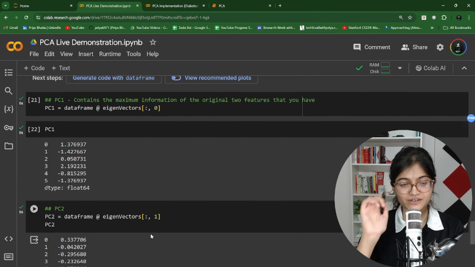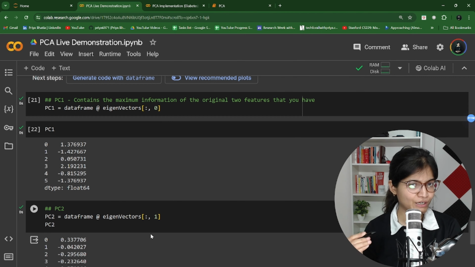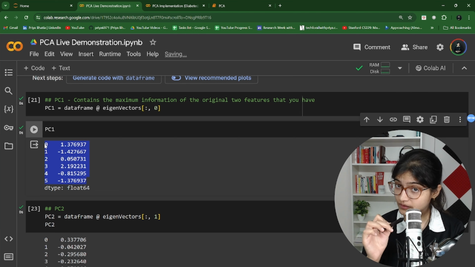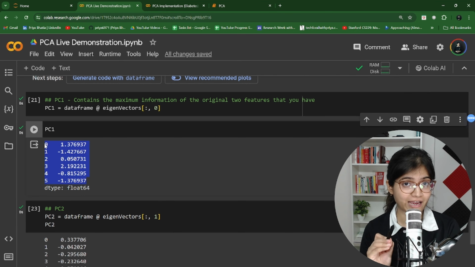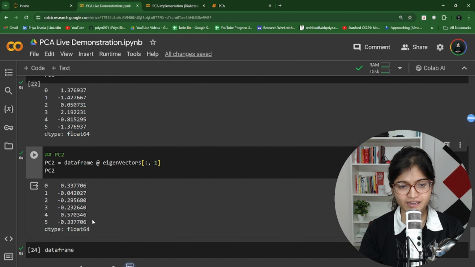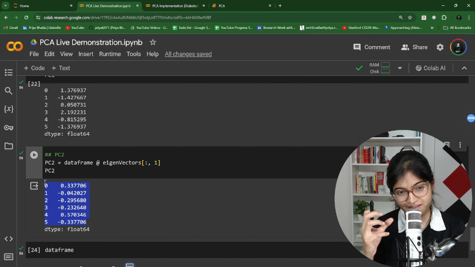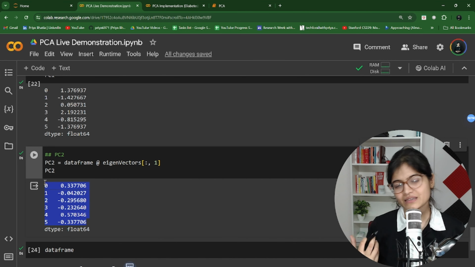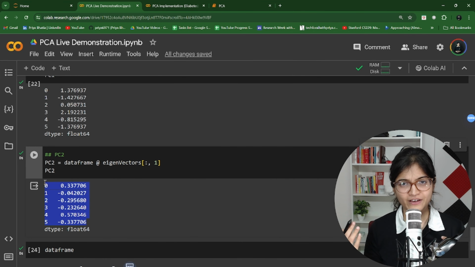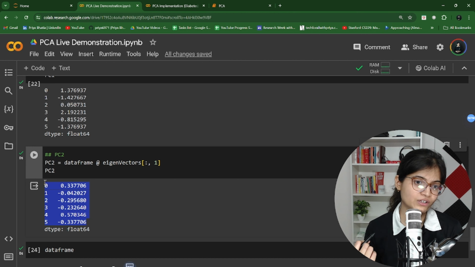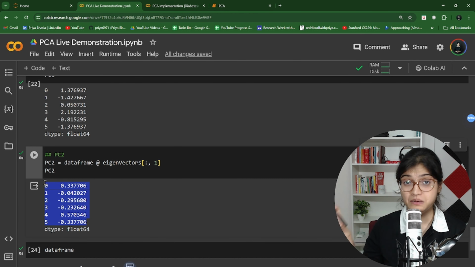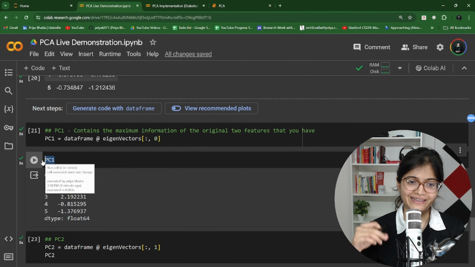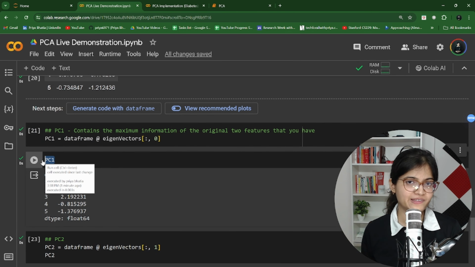But my new feature set contains two principal components, where the first principal component contains the highest information because it has the highest eigenvalue. And if I go for the second, PC2, it contains less information compared to PC1. So if someone says that they don't want to use the 2D features, they just want to use the 1D feature, but want the maximum information to be available, in that case they can directly go for PC1 and train their model on PC1 itself.